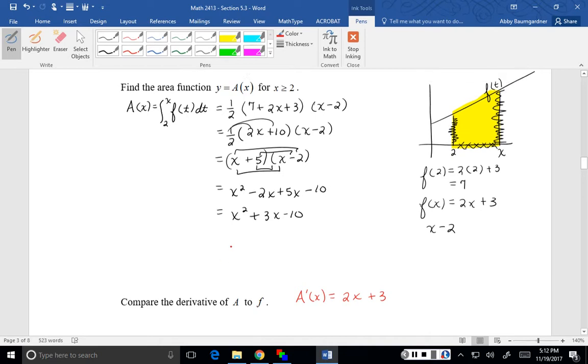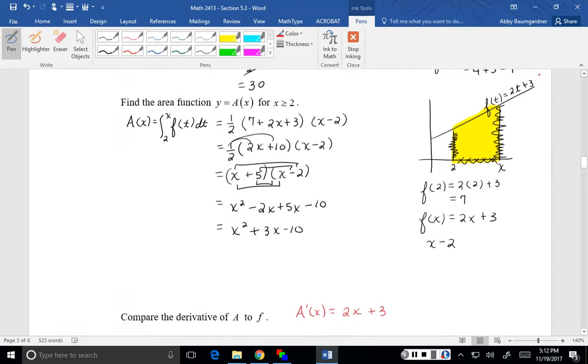Well, f is right here. So it looks like the derivative of a is equal, almost, it's not quite equal to f of t, it's equal to f of x. In other words, it's equal to f, but I have an x as my variable instead of t.